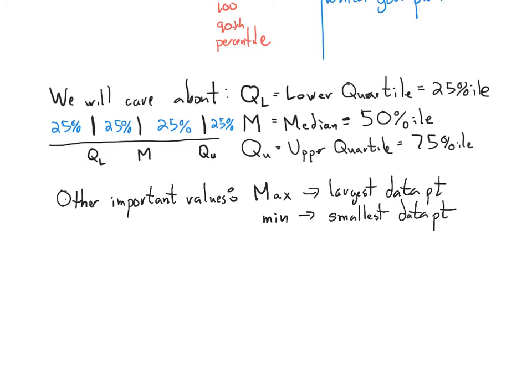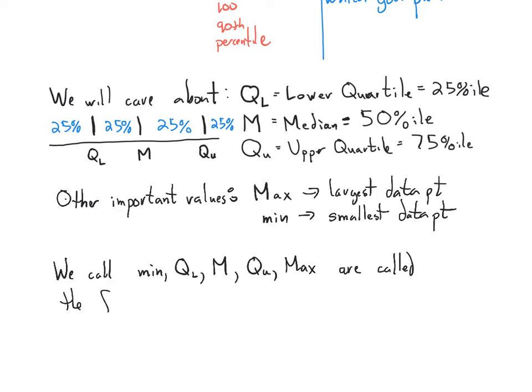All of these together, the min, the lower quartile, the median, the upper quartile, and the max, those five numbers are called the 5-number summary of a data set.